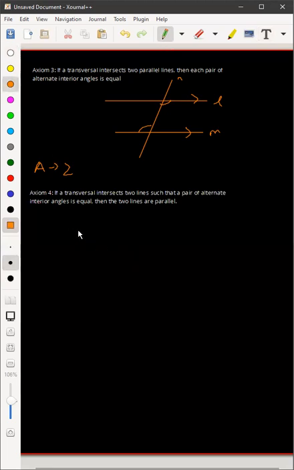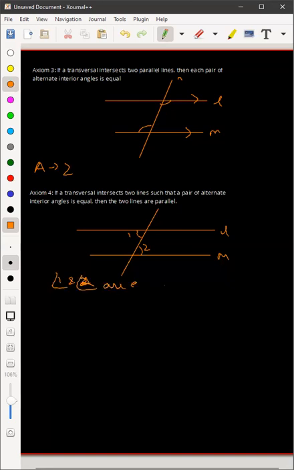We are given two lines, L and M. We are not given that they are parallel, but we can prove that the alternate interior angles 1 and 2 are equal. Then this means that line L will be parallel to line M. If you can prove that the alternate interior angles are equal, then automatically the lines will become parallel. Please copy this down.